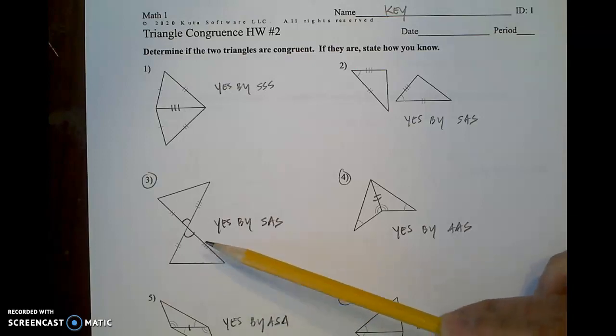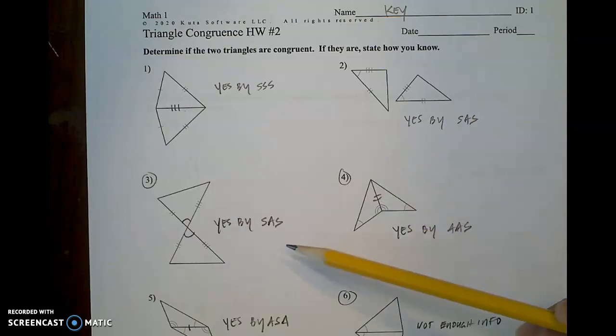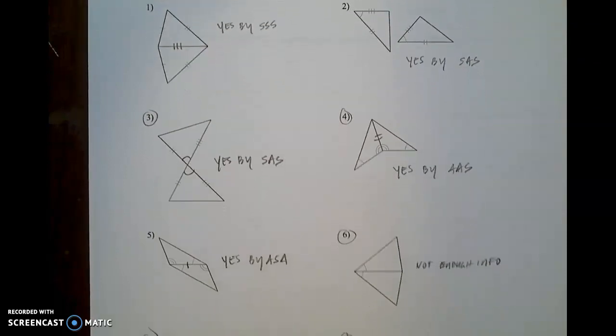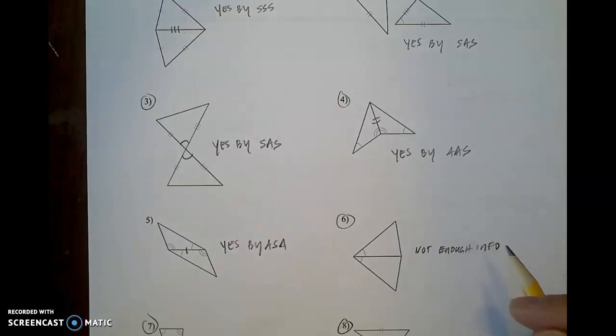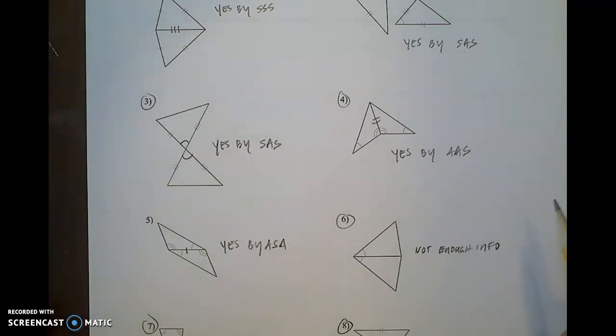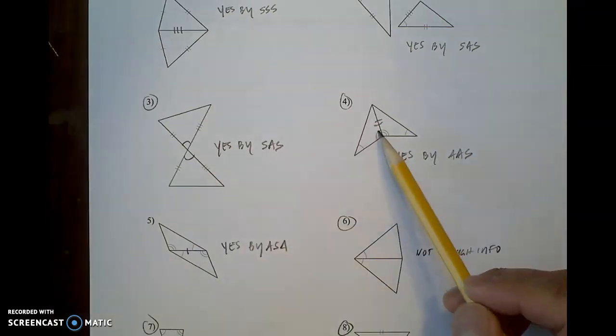Being able to identify vertical angles or shared sides allows you to get more information where you can prove these 2 triangles congruent. Be careful. The only things that you can add in terms of tick marks are vertical angles or shared sides.